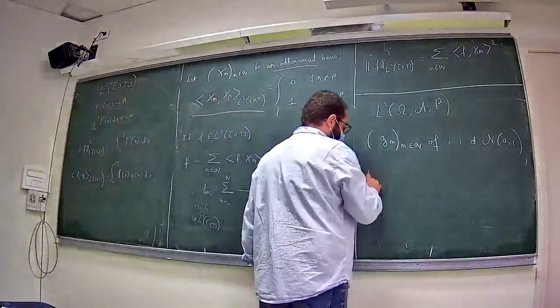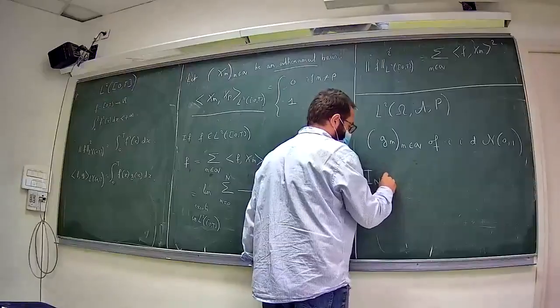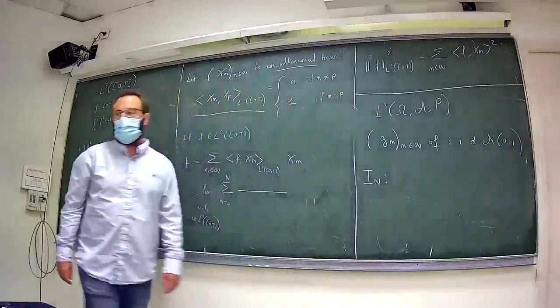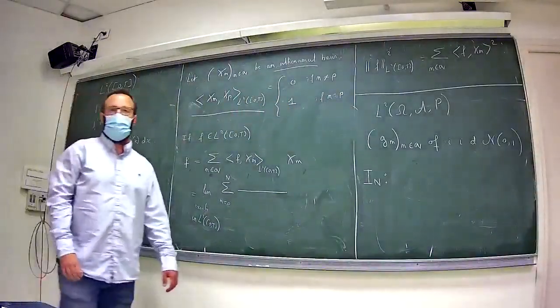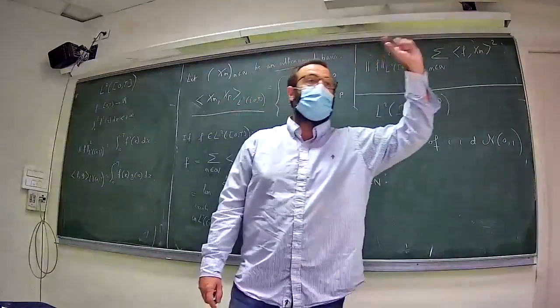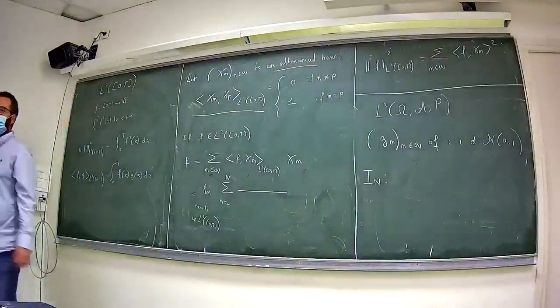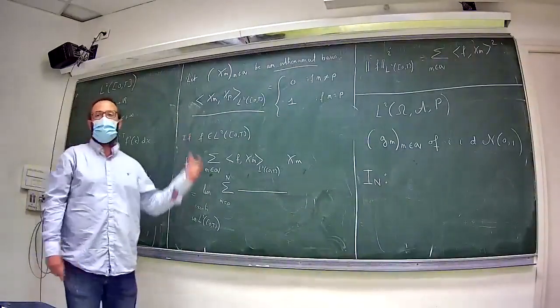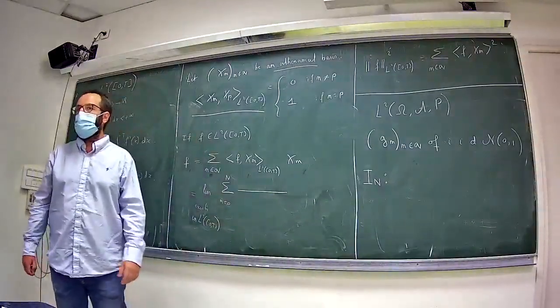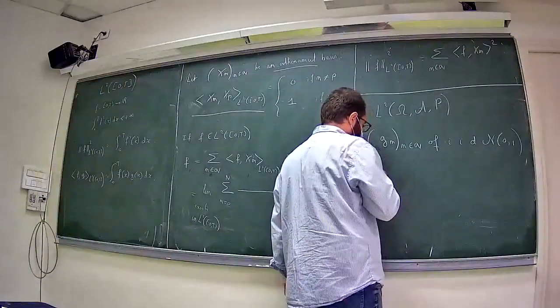I define this mapping that I call capital I, capital N. Capital I because it will be like an integral, let's say, and capital N because for the moment, instead of working with infinite sums, we are going to work with finite ones. Okay?